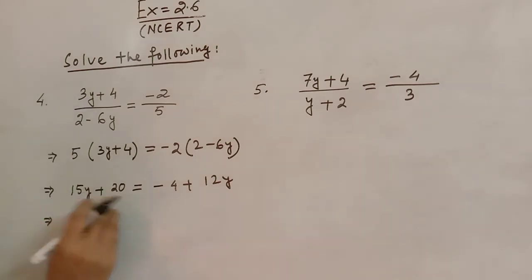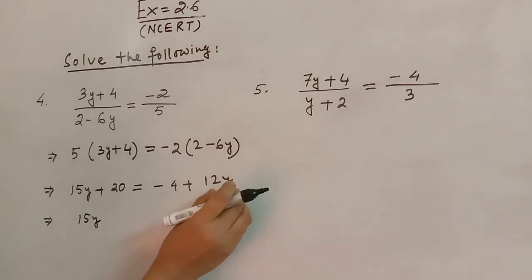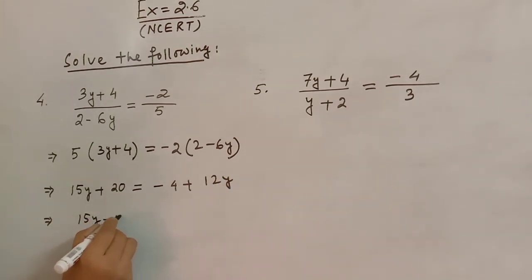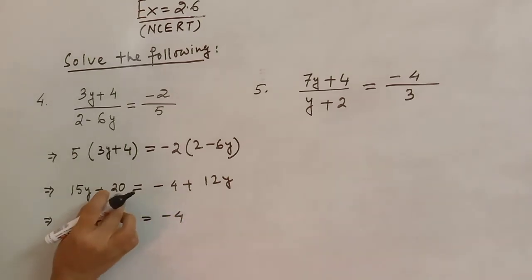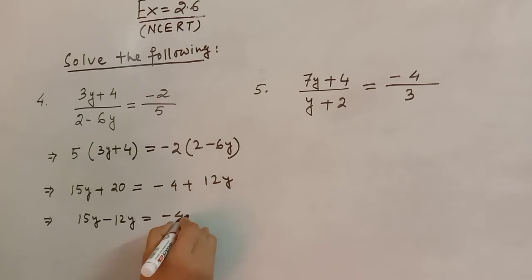Now 15y, and this one if you take here, if you shift 12y from right to left, it will be -12y equal to -4, and this +20 you will shift to the right side, so -20.